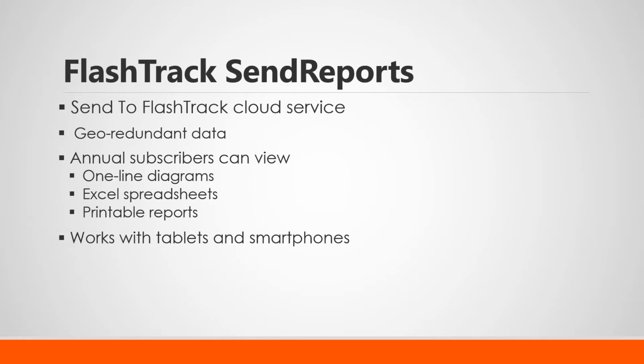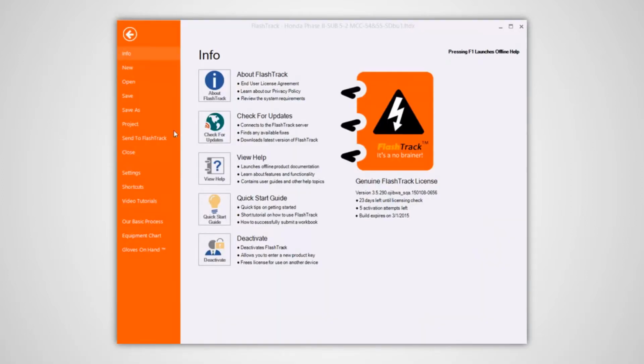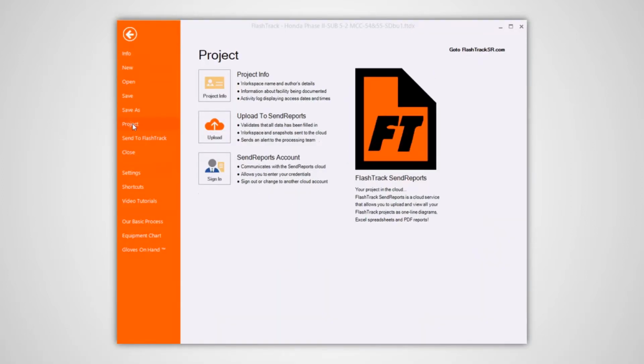So this data is viewable pretty much anywhere. It does, however, require a Send Reports account to log in to upload the data and, of course, view the data online. And the address is FlashTrackSR.com.